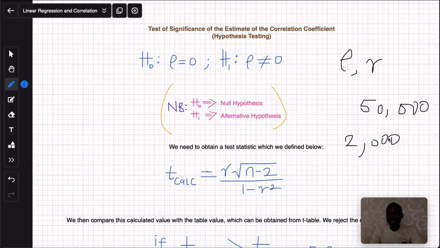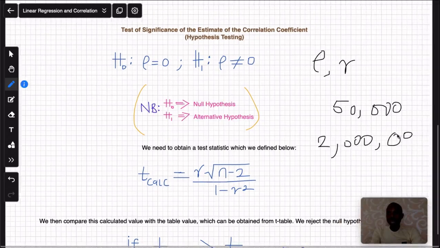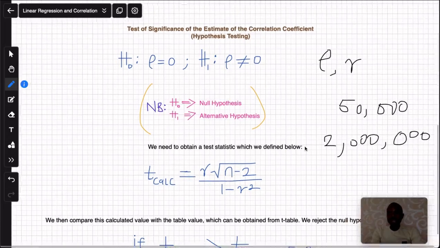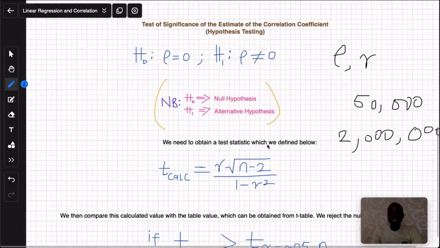That's our concern. So generalization is the concern here. We want to generalize the result. And there is no way we can do that if what we have obtained is not significant.